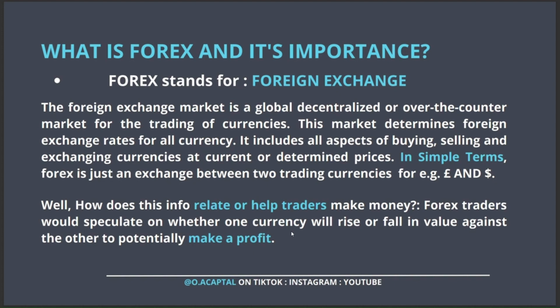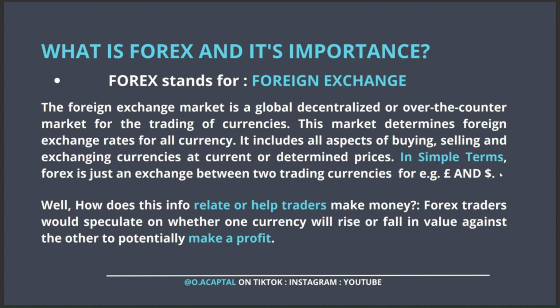For example, as I said, it's an exchange between two currencies, for example the pound and the US dollar. If a trader buys the pound at 100 and the price goes from 100 to 200, that difference of 100 is a profit for the trader who bought the pound against the US dollar.